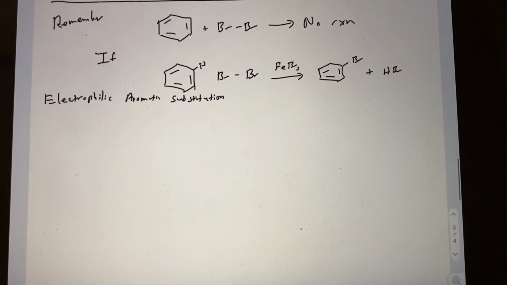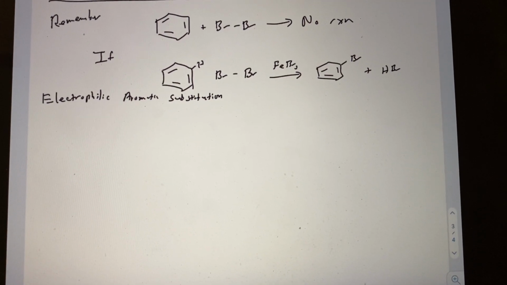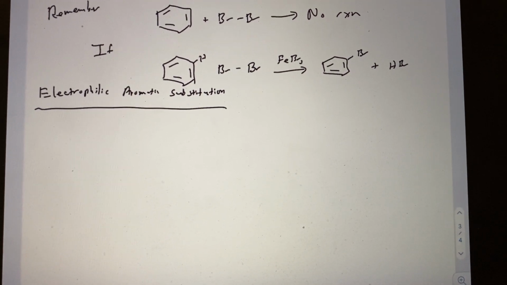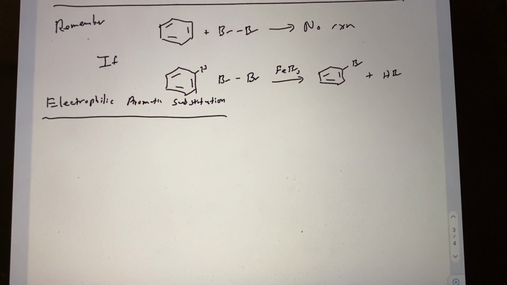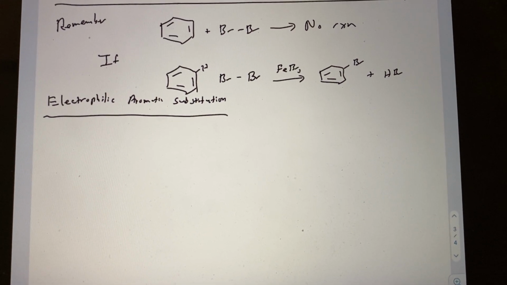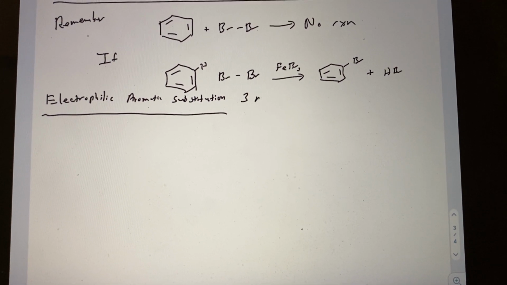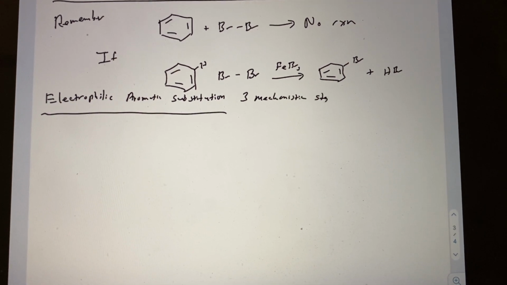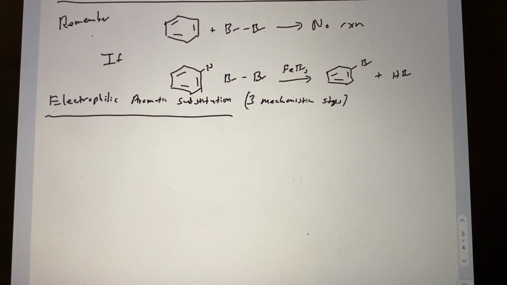So we'll list all of those things at the end. I wanted us to at least go through the mechanism and think a little bit about the energetics. Basically, there are 3 mechanistic steps, and let's see if this can explain this observation.